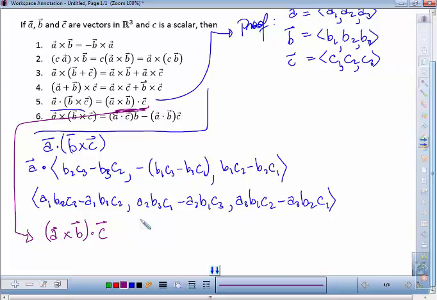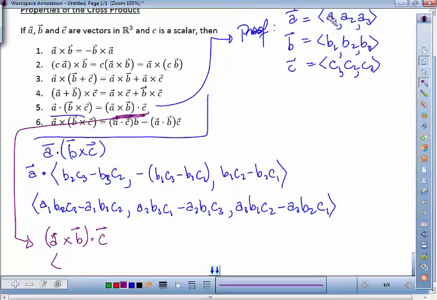Okay. So let's do A cross B. So A cross B is this cross product of A and B, and again, they're on top of each other already, so I'll just write them out.